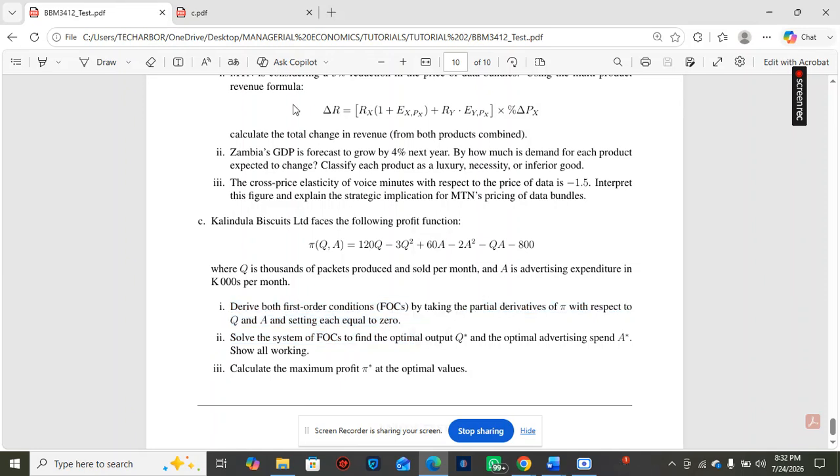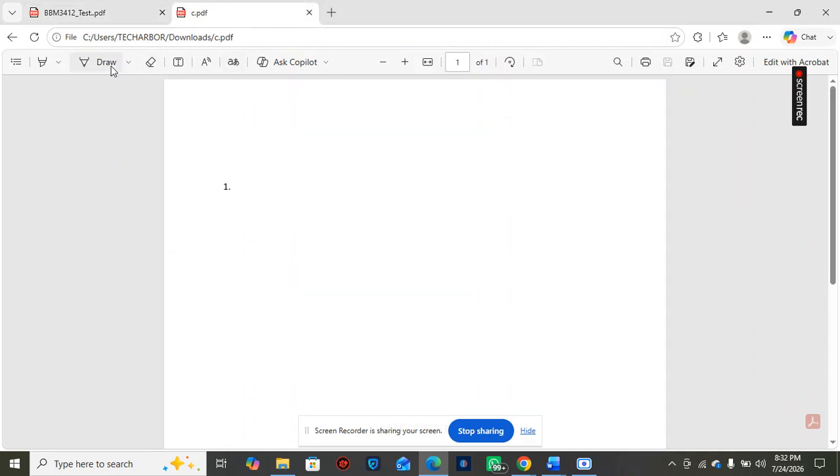All right, colleagues, so this is partial differentiation here. Let me just write this here.